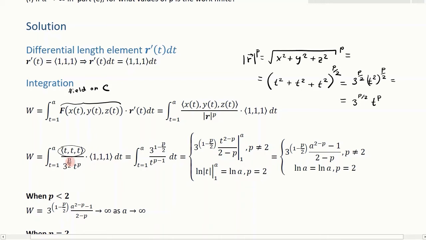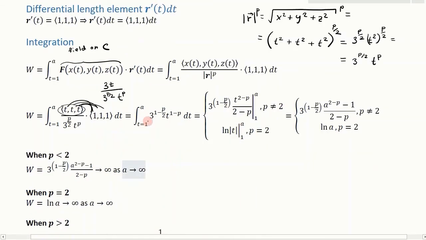On the next line, I expanded out this dot product. And I got 3t. And then if you divide it by 3 to the power of p over 2 and t to the power of p, what I wrote here is 3 to the power of 1 minus p over 2.